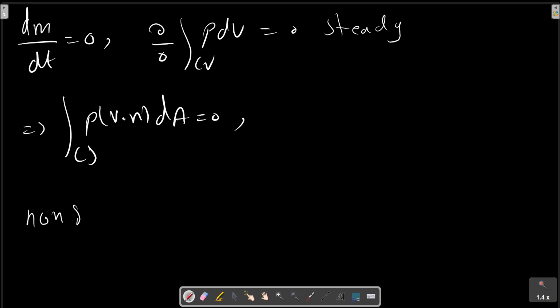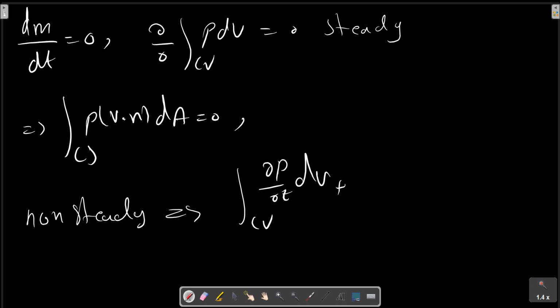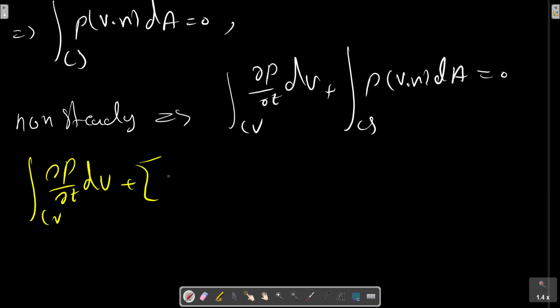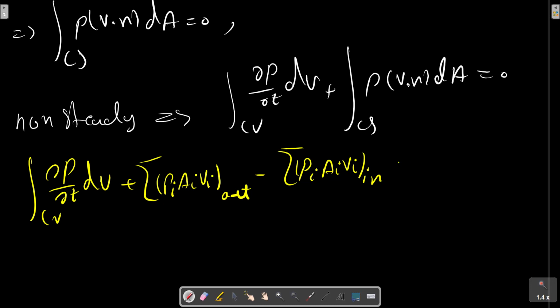For non-steady flow, the relation is as follows, equal to 0, which is also the form of sigma for inlet and outlet, for one-dimensional control volume inlet and outflow sections, minus, equals 0.